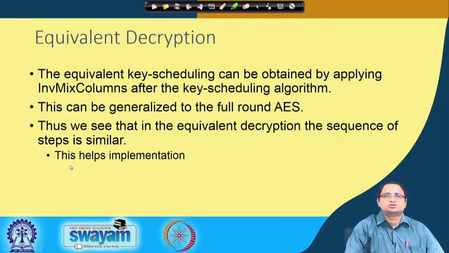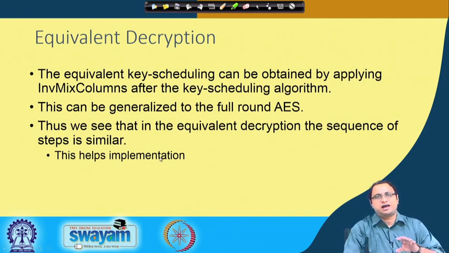For example, as we have already discussed, the equivalent key schedule can be obtained by applying the inverse mixed columns after the key scheduling algorithm, and this can be generalized easily to the full round of AES. Thus the equivalent decryption has a similar sequence of steps, which helps in implementing an encryptor and the decryptor on a single chip. You can share between the encryption and the decryption flow, and you can get a nicely optimized design.